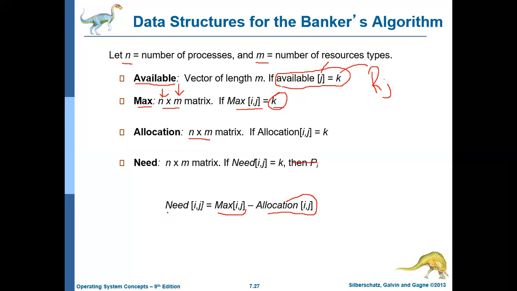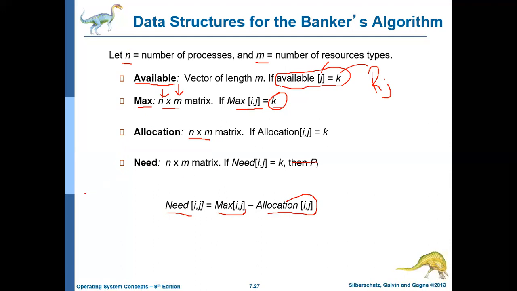So what is need? Need is how many it needs more, which is nothing but max minus allocation. So these are the data structures that are used in the Banker's algorithm.